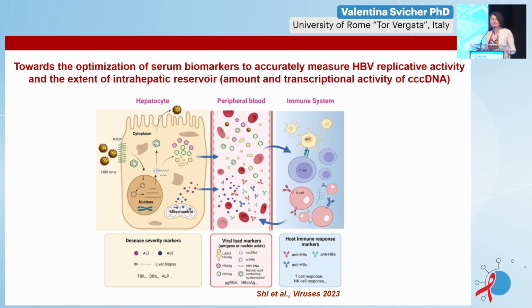In particular, we have to keep in mind that during the last decade, there has been an enlargement of HBV biomarkers capable of reflecting more and more accurately HBV replicative activity and also of reflecting the extent of the intrahepatic HBV reservoir in terms of the amount of cccDNA and its transcriptional activity.